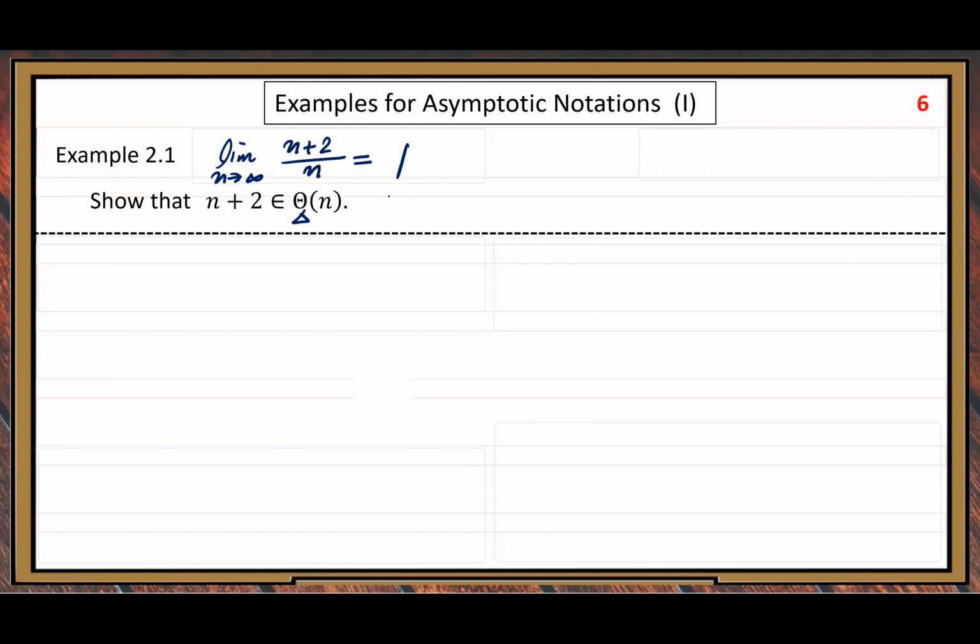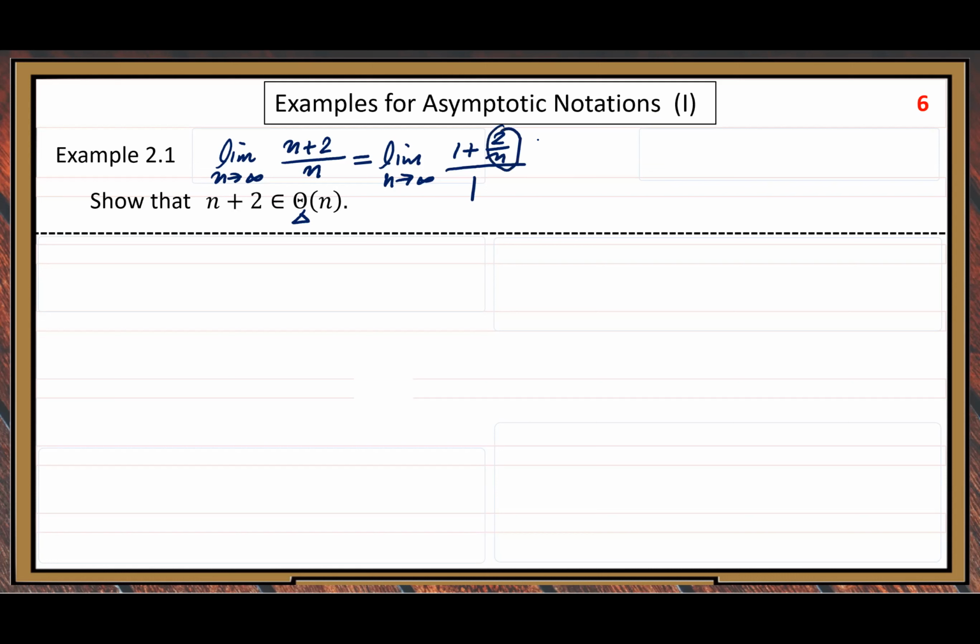If you feel puzzled, you do division by n in the numerator and denominator. Let me write one more step. So you have 1 plus 2 over n, over 1.